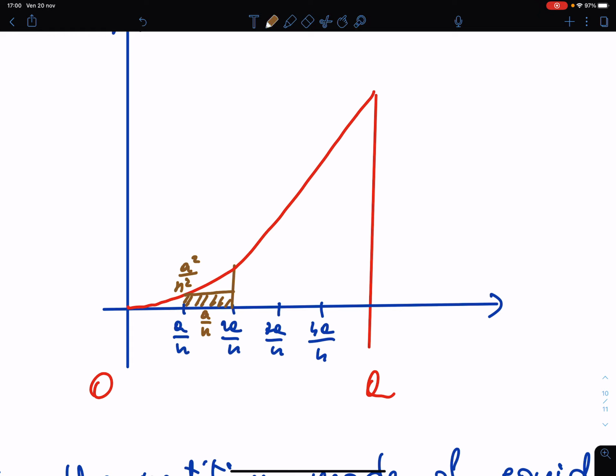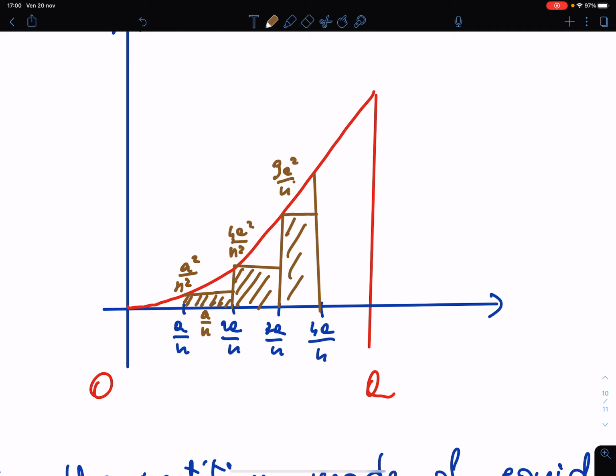So go on and on. Here we have 4a squared over n squared, and so on. Here we have 9a squared over n squared, and so on and so on.